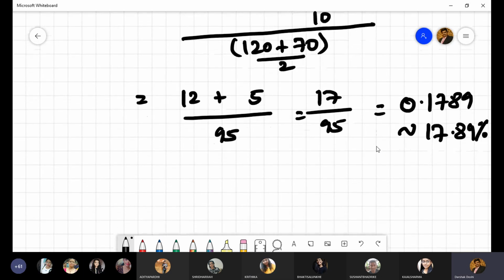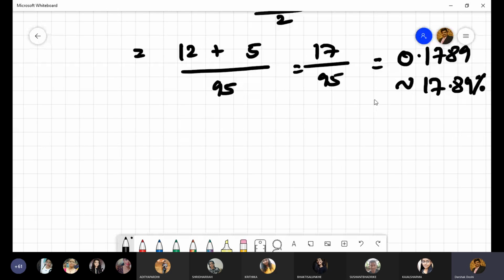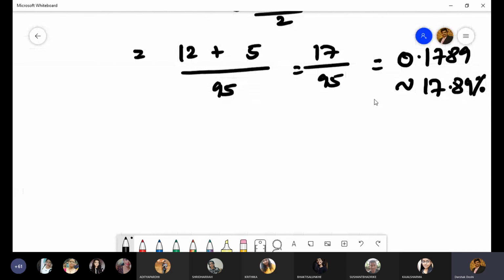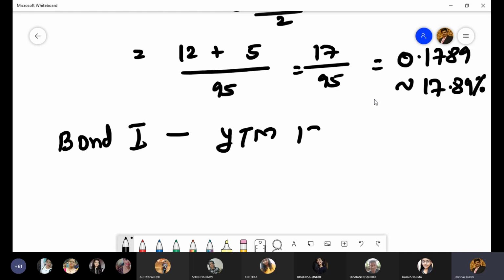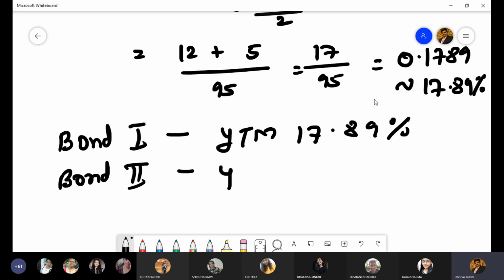Okay. Now we have the second question also, which says that bond 1 YTM is 17.89%. This is what we have calculated just now. The question gives the data that bond 2 YTM is 18%. So which one is better? Can somebody tell me which one is better?